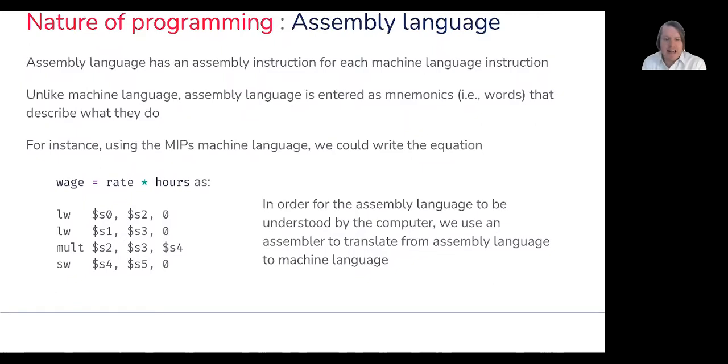Multiplication, this is a lot easier to understand what's going on here. We're multiplying the values in register 2 and 3 together, storing that result in register 4. And then finally, we're going to take that result and write it back into wage. This is a lot less cognitive overload to write things in this fashion.